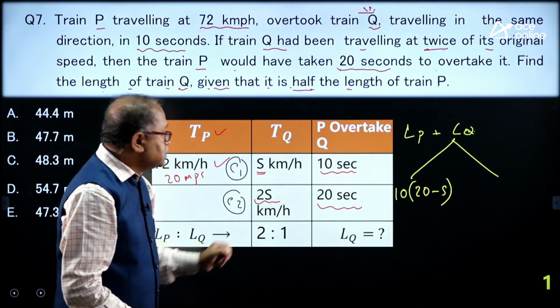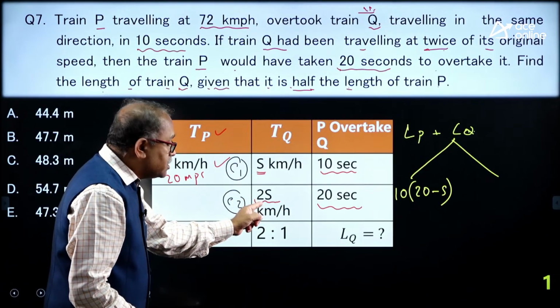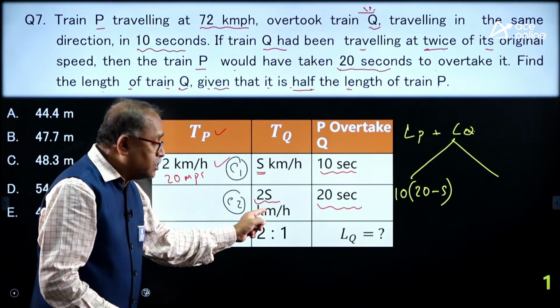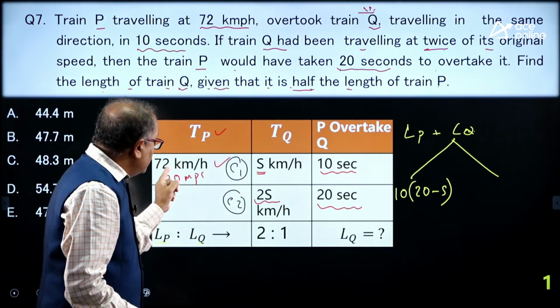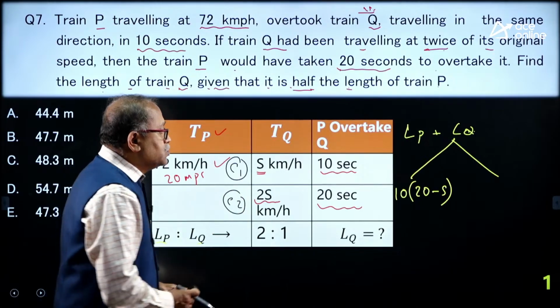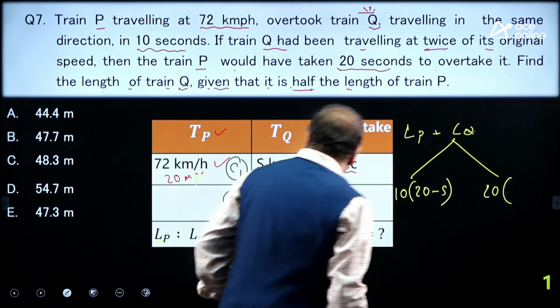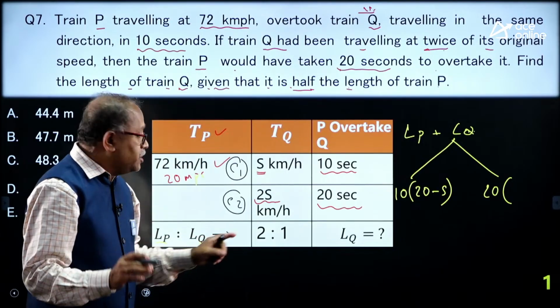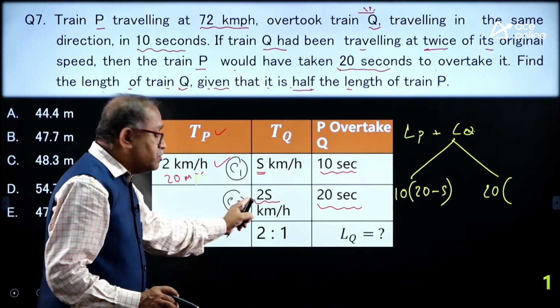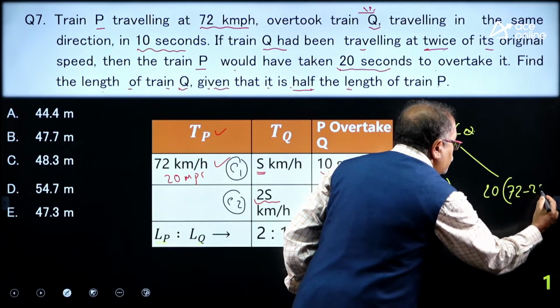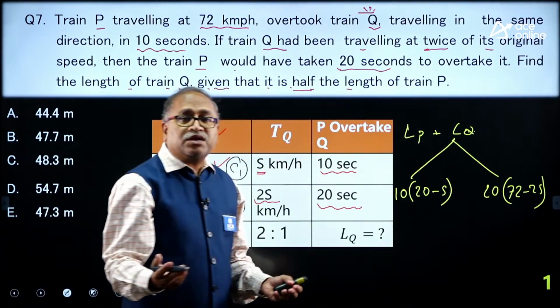In the second case, when the speed of Q is 2s, the time is 20, and the relative speed is 20 minus 2s. So, 20 is the time into (20 minus 2s), and this is also the distance.